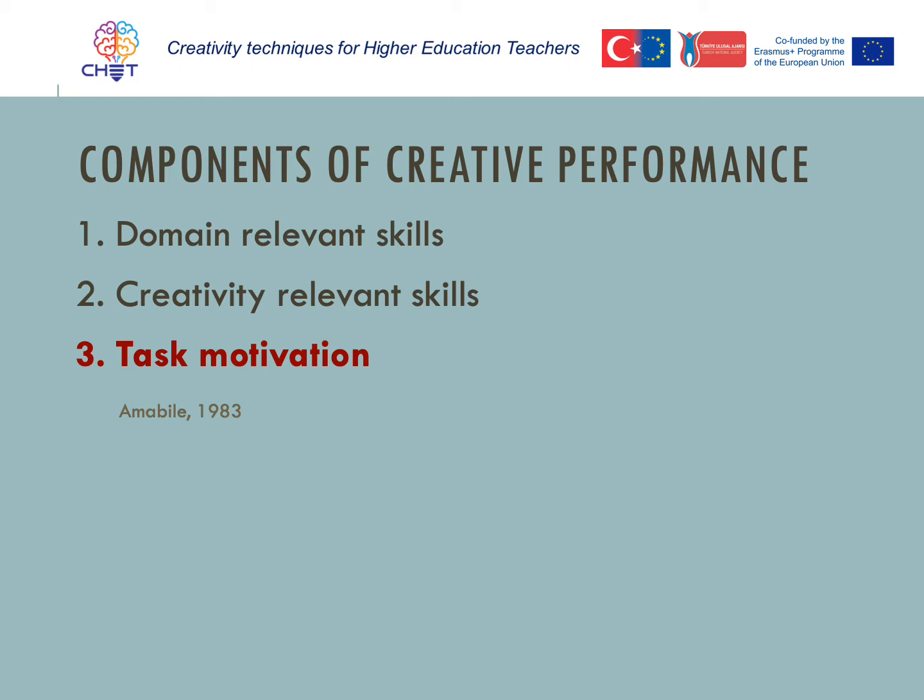The domain relevant skills describe technical skills that you learned through formal or informal education that you can make use of in a certain area, while creativity relevant skills are those that you actually learned in the previous chat topic, and they also depend on the educational background that you have. You have heard of creativity skills, and you're able to generate novel ideas and have an idea of the concept of creativity.